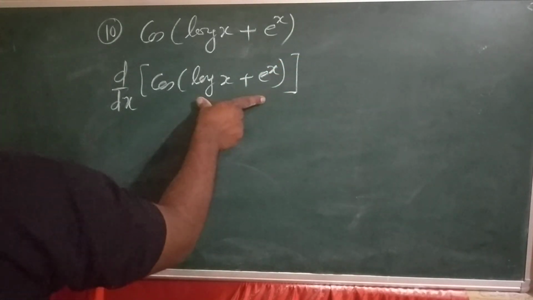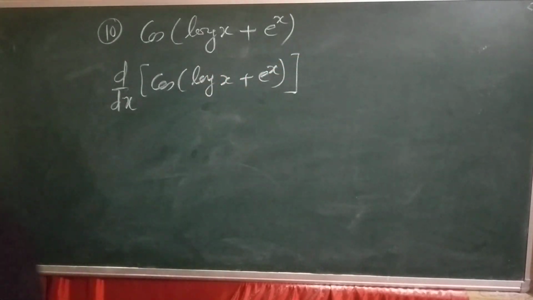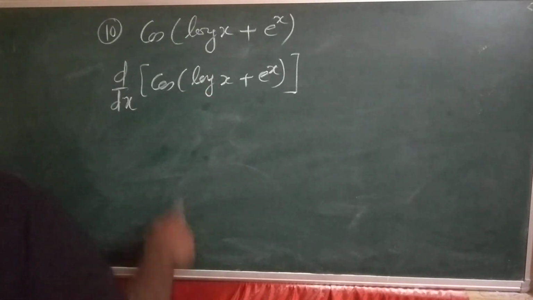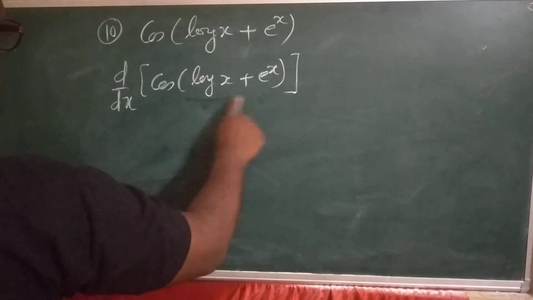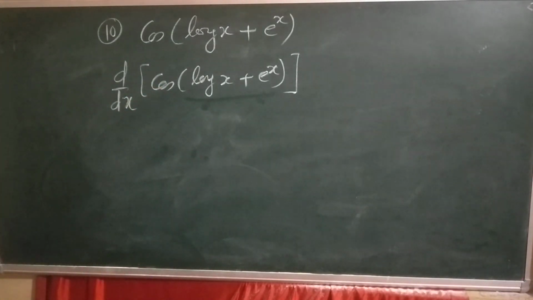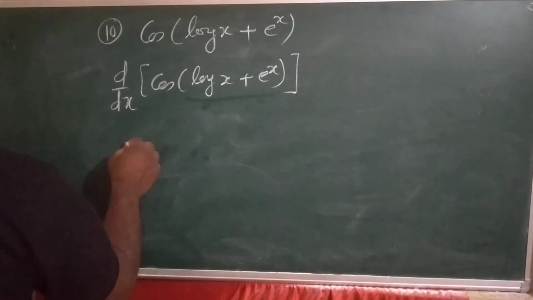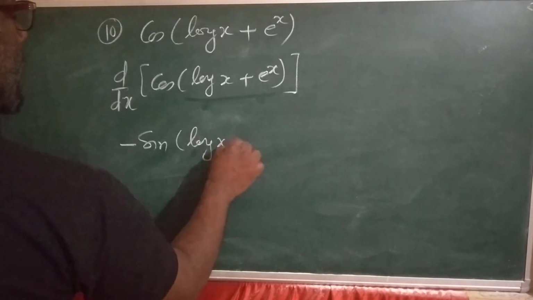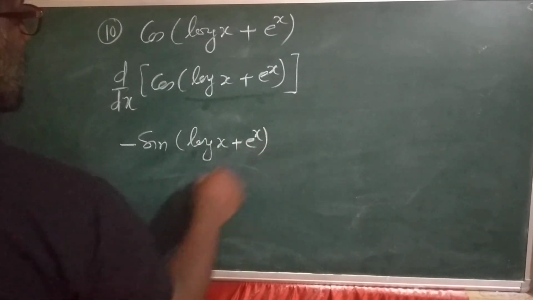We'll have to consider this log x plus e to the power x as one function only. So here we have two functions only. The first is for cos and the other one is for this bracket. For this cos, as we know that the derivative of cos x is minus sin x. So we can write minus sin of log x plus e to the power x.